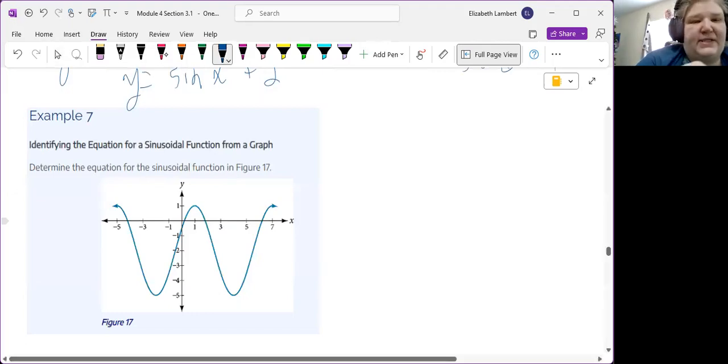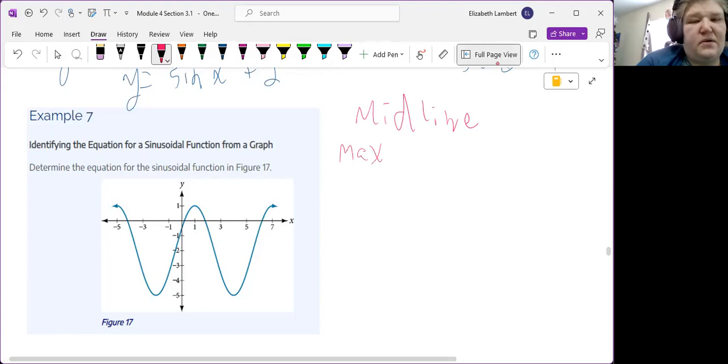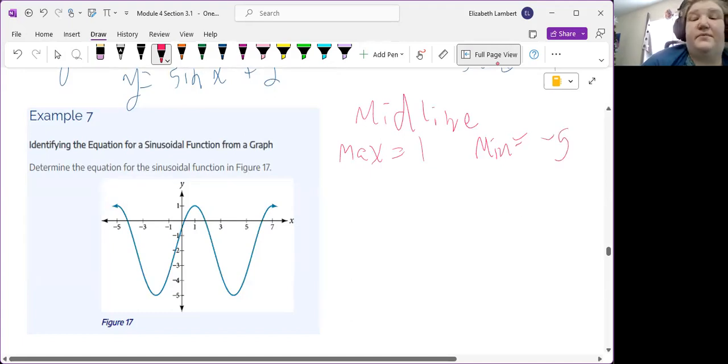All right, so let's start with the midline. So my high is 1, my low, my minimum is -5. So halfway in between those is -2.